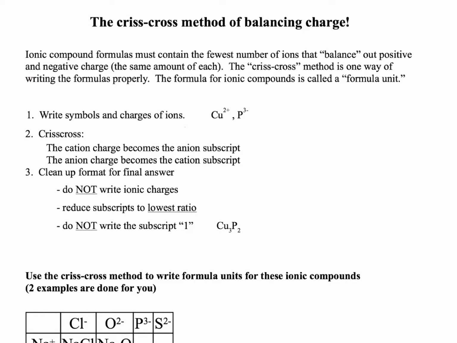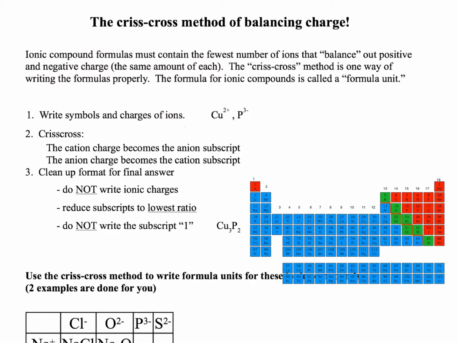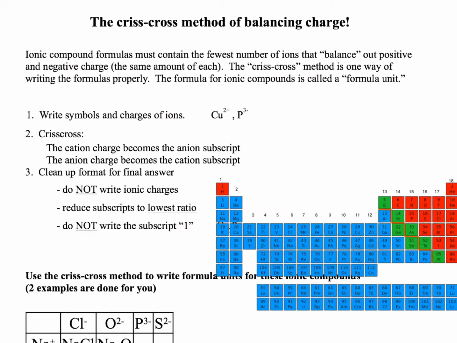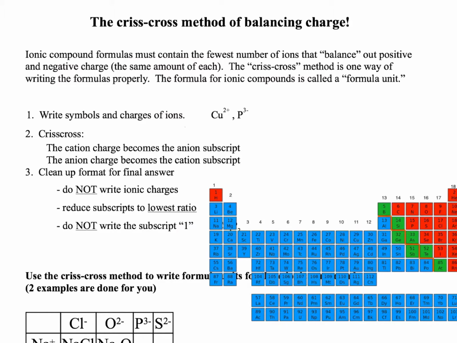Okay, so now moving on, let us see what this means when we have our ionic charges. So we actually practiced figuring out where charges are based on where something is on the periodic table. So you're going to need your periodic tables. We should be recognizing a correlation between where an element is on the periodic table and what its ionic charge is.